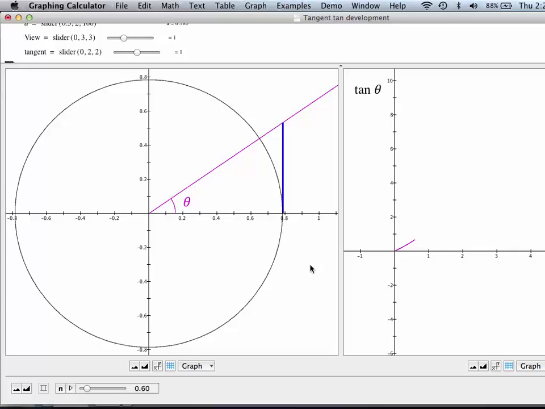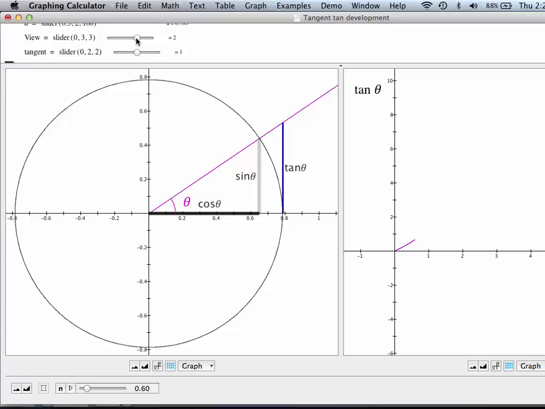For which one? Sine or cosine? Sine. Vertical distance above the horizontal diameter. Sine, okay? All right, and what about cosine? Right. So like this? So couldn't we do this, right?